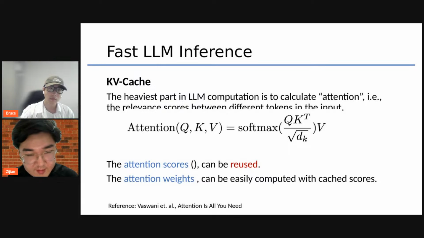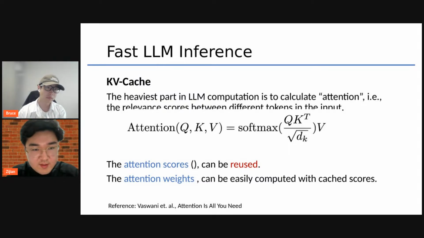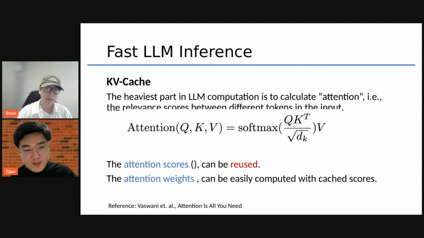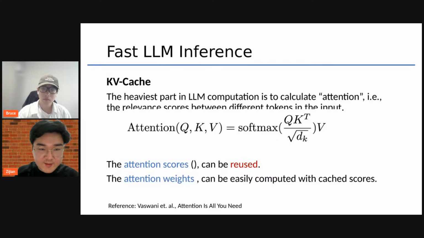In LLM computation, the heaviest part lies in the calculation of the so-called attention mechanism. You can think of attention as just matrix multiplication between three matrices, Q, K, and V. When you are passing tokens to the LLM, you cannot escape from these attention calculations.